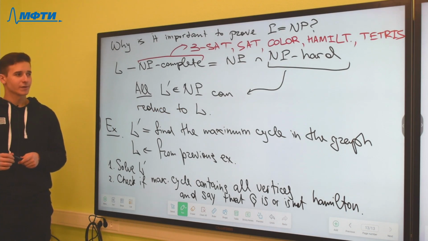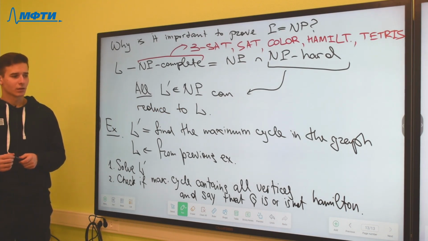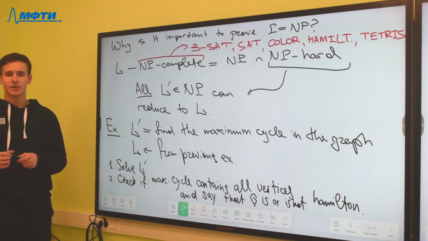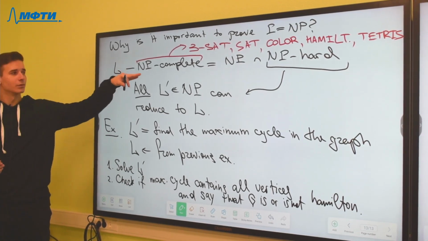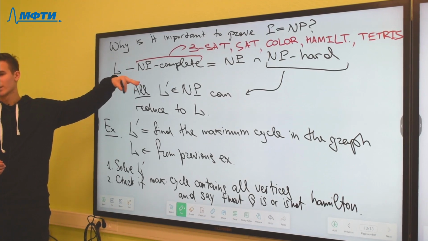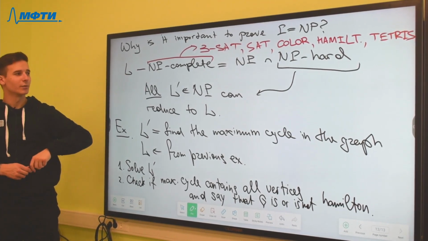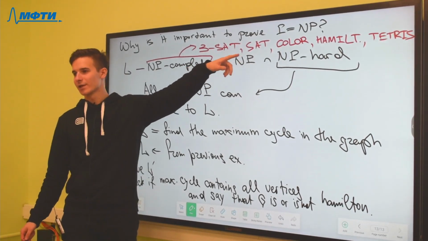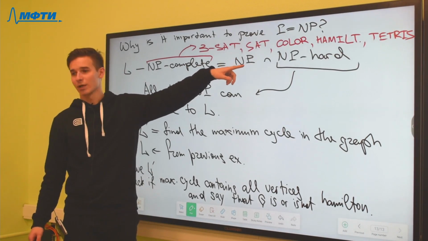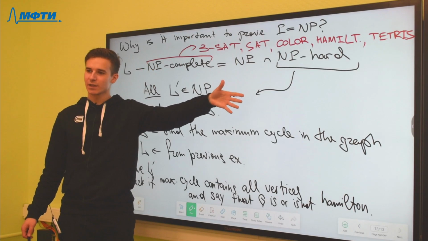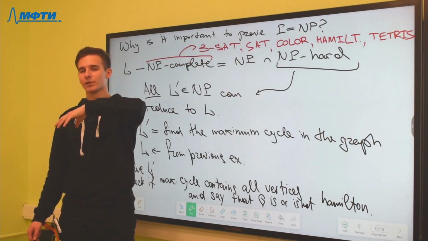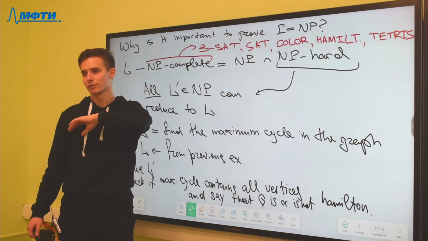And of course, there are EXP-complete tasks, similar to this definition. EXP-complete tasks are tasks from EXP such that they are EXP-hard, meaning that all tasks from the EXP class can be reduced to these tasks.